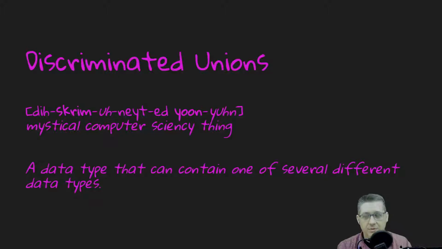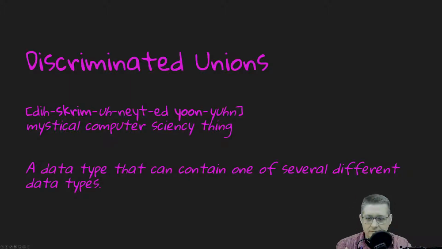This data type describes a union of other data types. It contains one of several different things. Only one, but it could be one of several different things. Say I have a pocket that can fit one piece of fruit. Whether that's a banana or an apple or an orange, doesn't matter. I can only put one of those three in the pocket, and I only have room for one thing in the pocket.